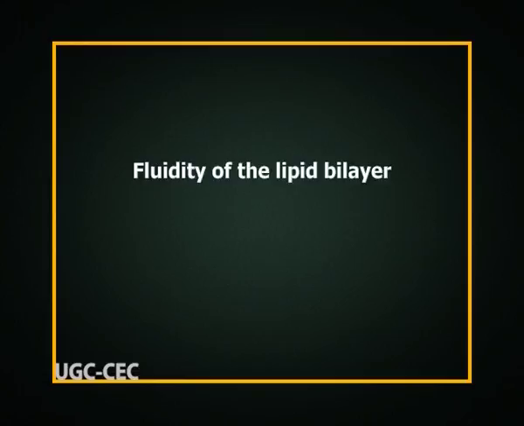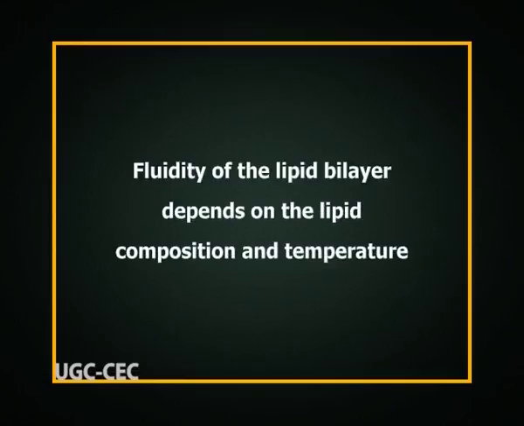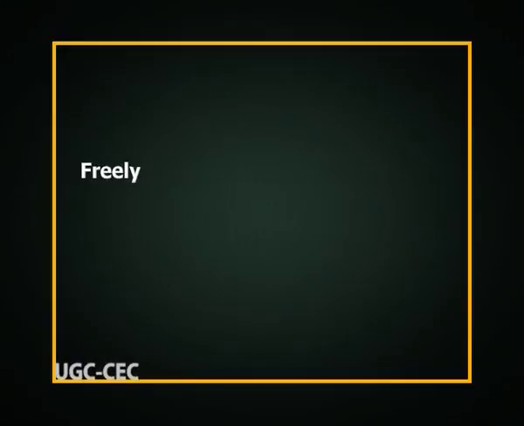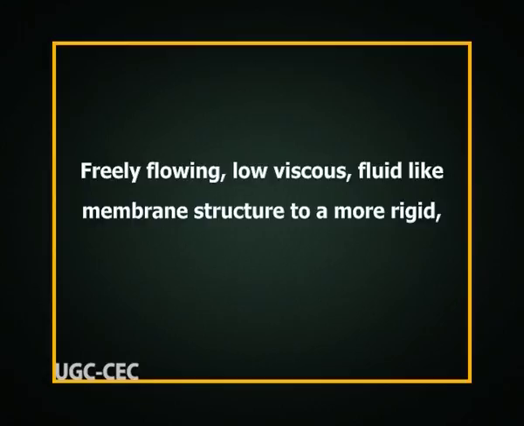Now, the fluidity of the lipid bilayer. Fluidity of the lipid bilayer depends on the lipid composition and temperature. In general, an increase in temperature tends to elevate membrane fluidity, while a decrease in temperature causes a freely flowing, low-viscosity fluid-like membrane structure to become a more rigid gel-like organization.